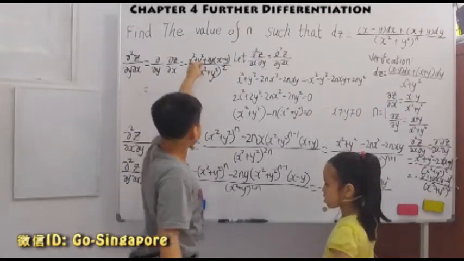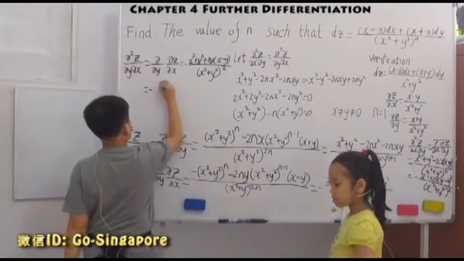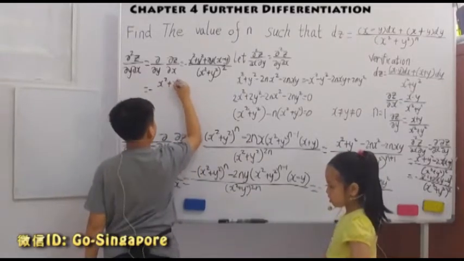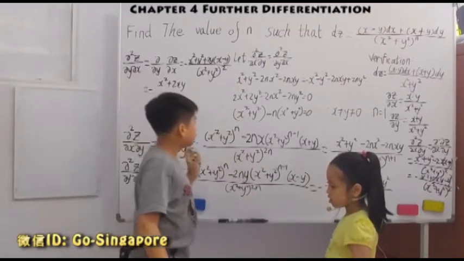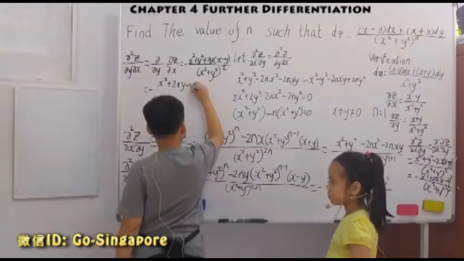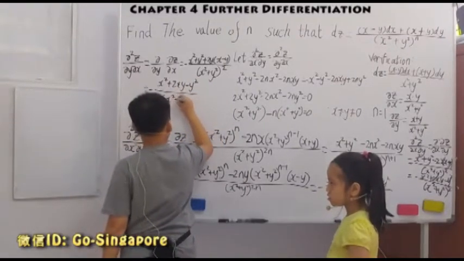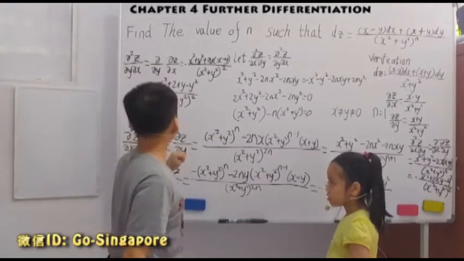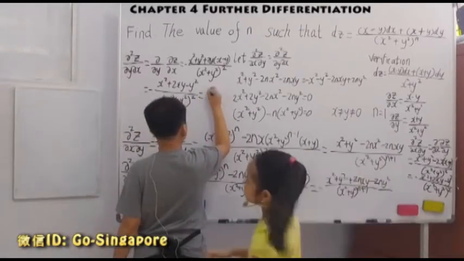When it's like this, put this in negative. This is x squared plus 2xy. And remember, now it's minus 2y squared. So this is still minus y squared. And then this is the denominator. Same? Okay, yes, they're equal.